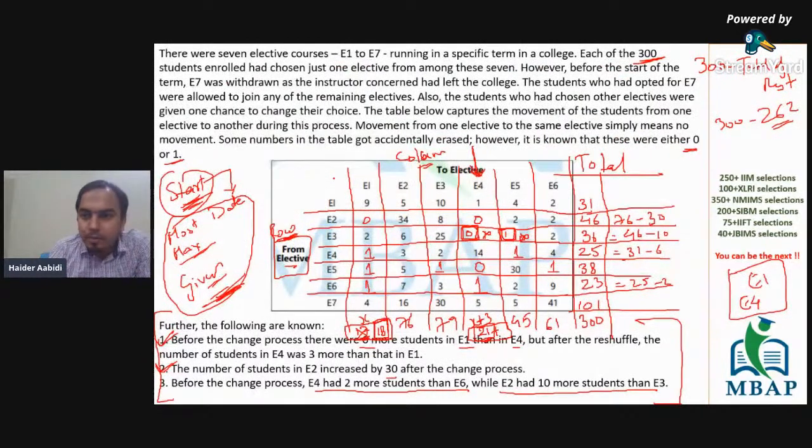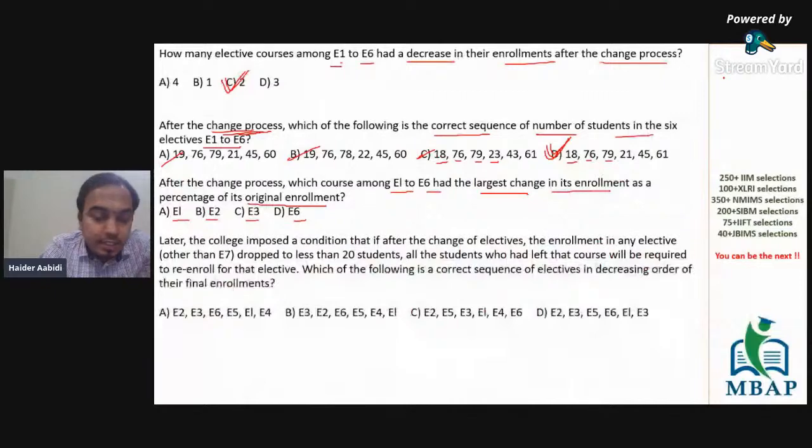So E1 is 31, and from 31 it became 18. It has only asked you the largest change, not whether it's an increase or decrease, so it can be anything.